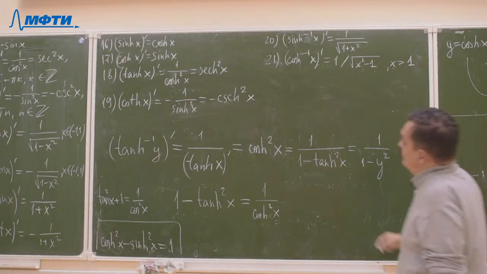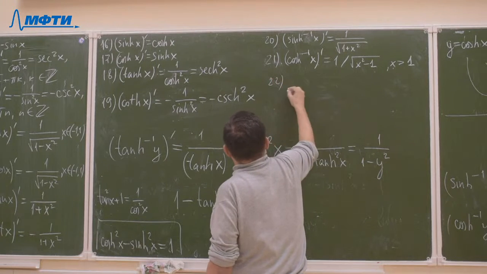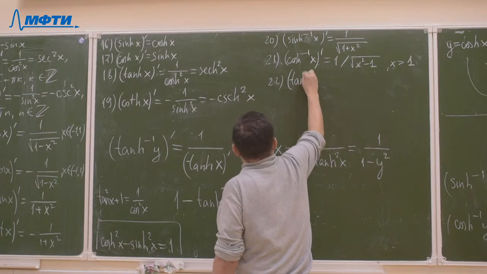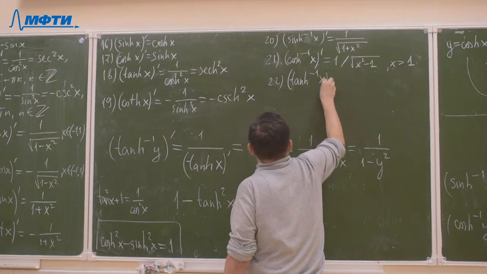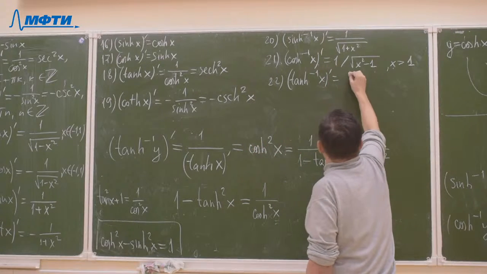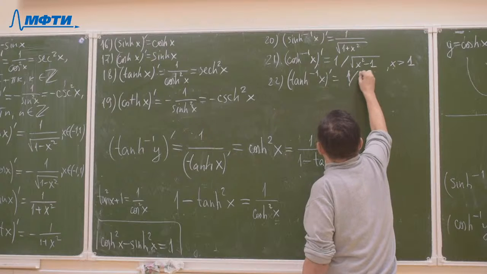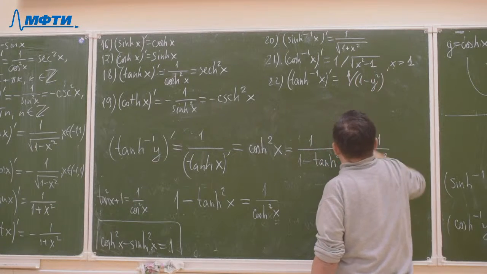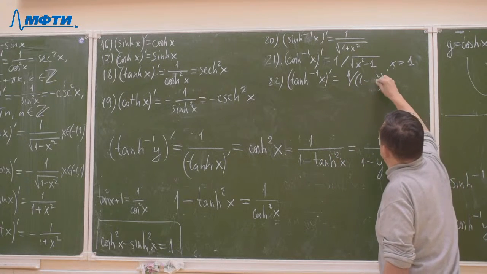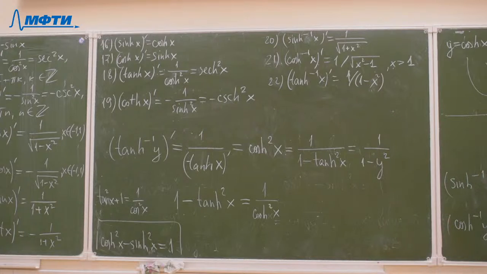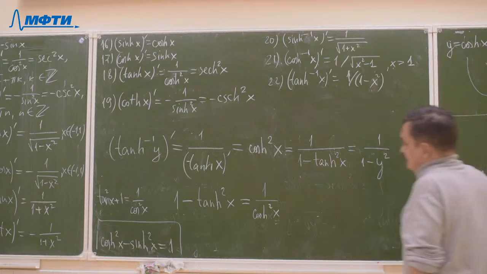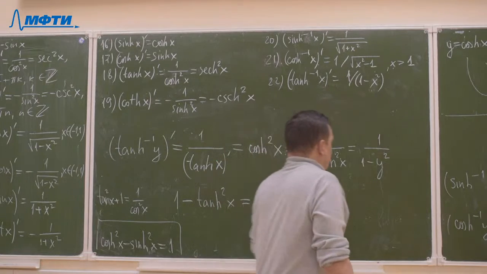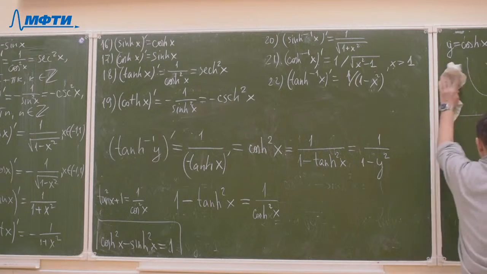So we obtain a formula for tan hyperbolic inverse, which is 1 over 1 minus x squared. Oh, sorry, x squared. That is for the inverse to tan hyperbolic. Analogously, we can proceed with cotan hyperbolic.